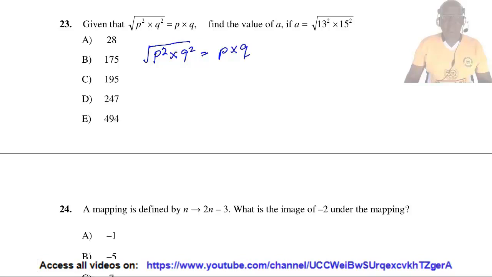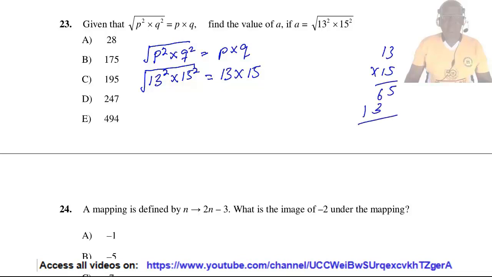If we compare this with the above, we can say p equals 13 and then q equals 15. So we shall get 13 times 15. 5, 6, 3, 1. 195. So the answer is C.